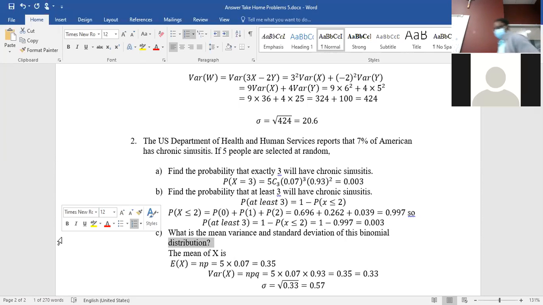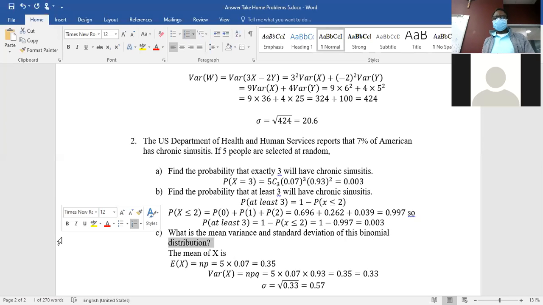You will enter N, T, X. This is the probability that capital X is equal to small x, which is 3 here. So what do you get? Can somebody using a calculator tell us? 0.003.